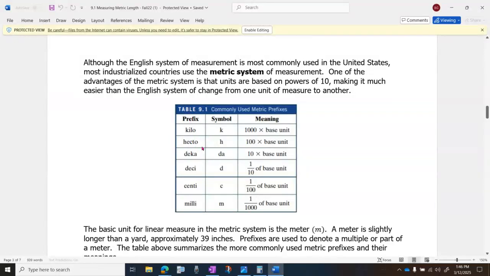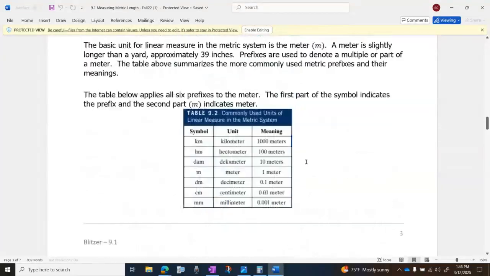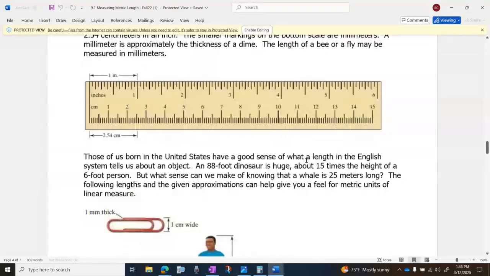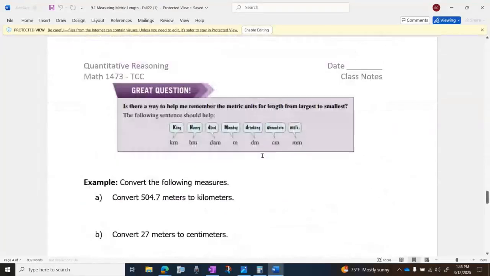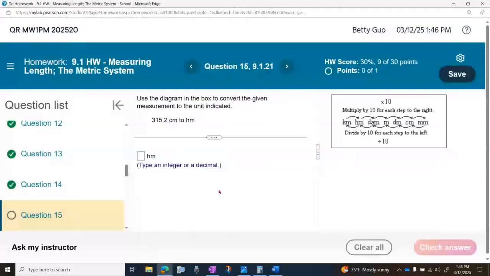Kilometer, hectometer, decameter, decimeter, centimeter, millimeter. And this gives us King Henry died Monday, not morning, I'm sorry, King Henry died Monday drinking chocolate milk. Maybe someone put poison in the chocolate milk.